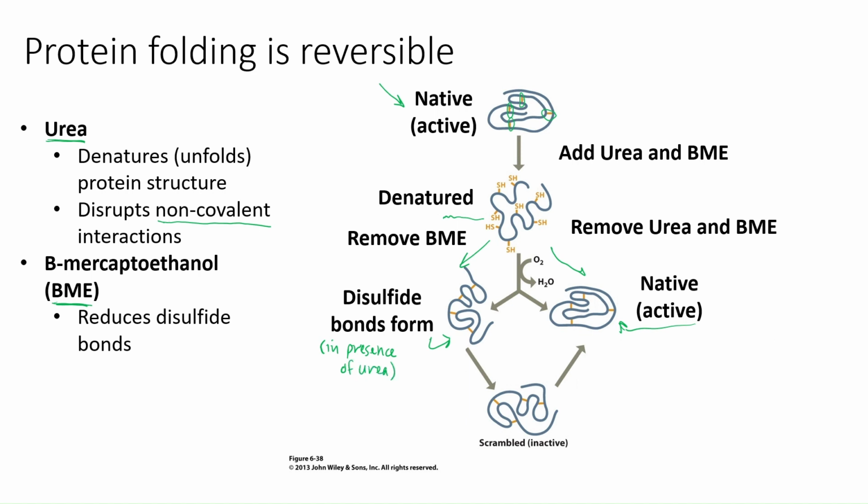But those disulfide bonds might not necessarily be between the correct cysteine residues. And so you can get what's called a scrambled protein, where the disulfide bonds have formed the wrong way, which leads the protein to be unable to get back to its correct shape, even if you do remove the urea.